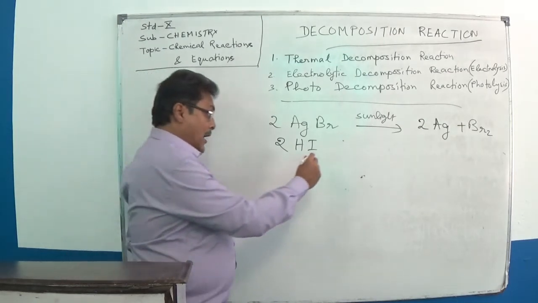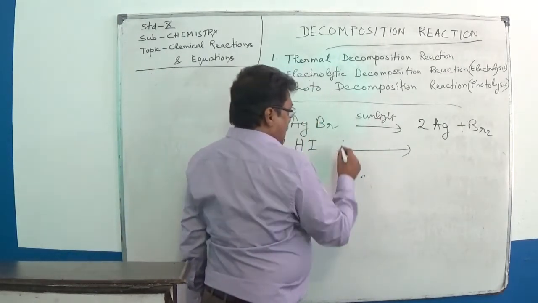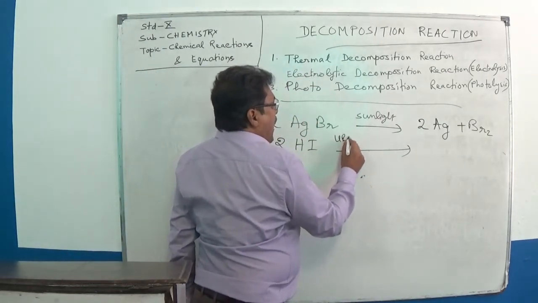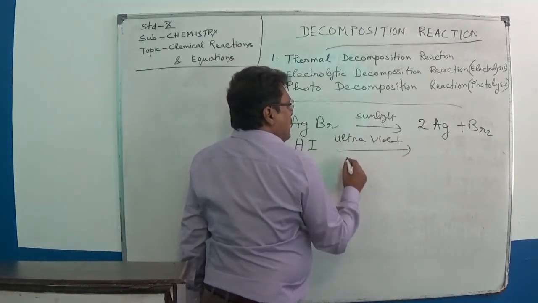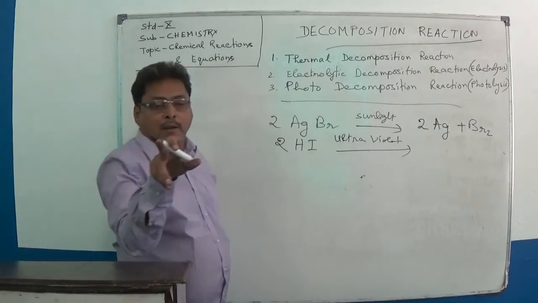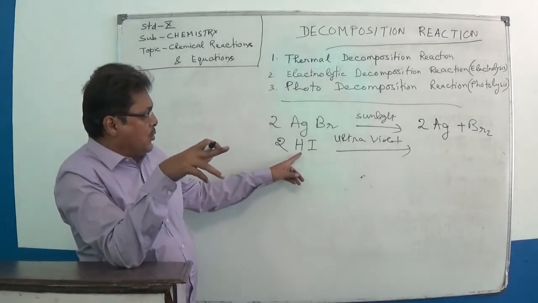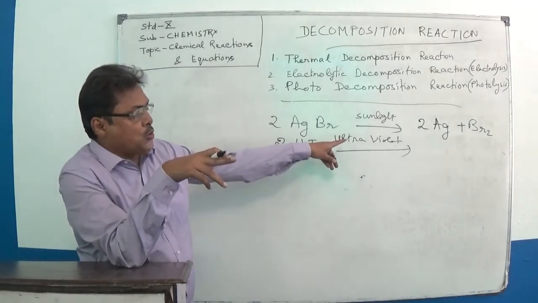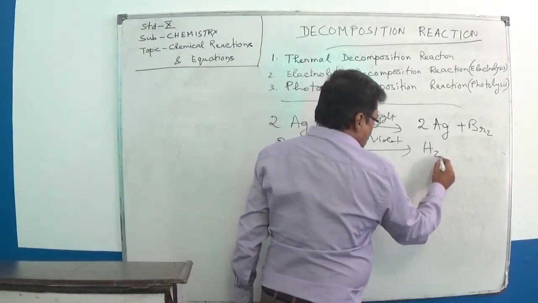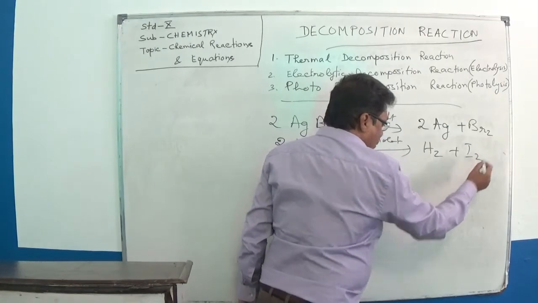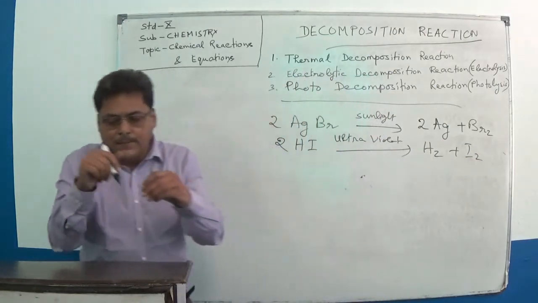We have to supply not only light but also ultraviolet light, ultraviolet rays. Hydrogen iodide exposed to ultraviolet ray will separate into hydrogen and iodine.